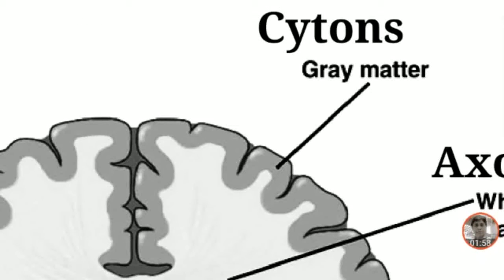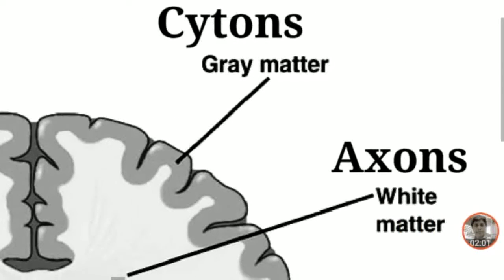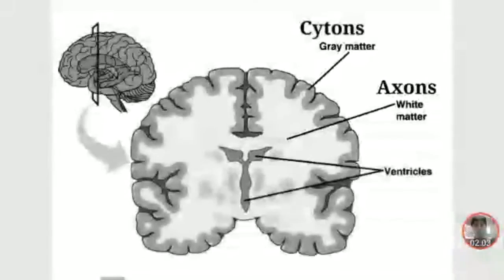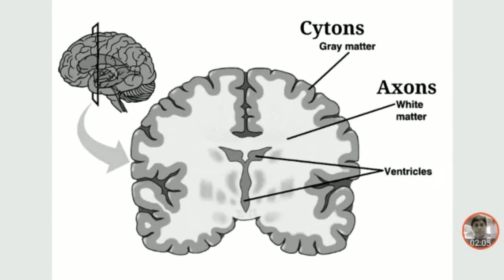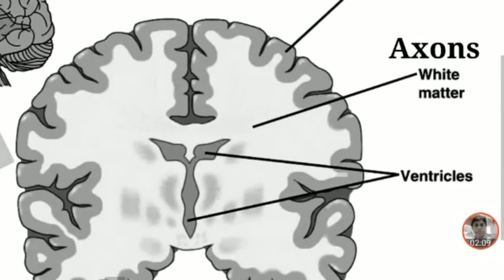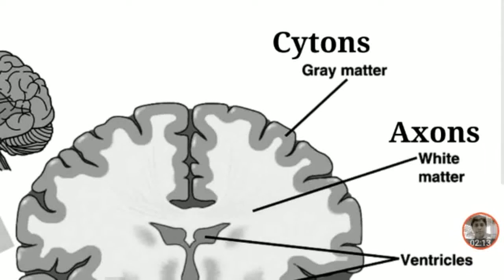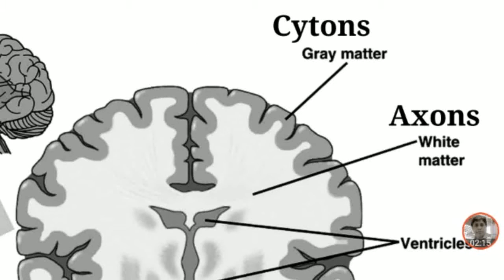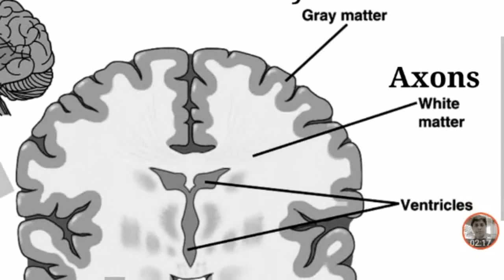Cytons are mostly found in gray matter and axons in white matter. The brain consists of gray matter peripherally, and in the majority, white matter. Cytons are concentrated in gray matter and axons in white matter.